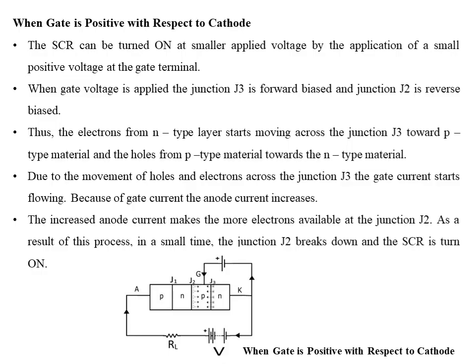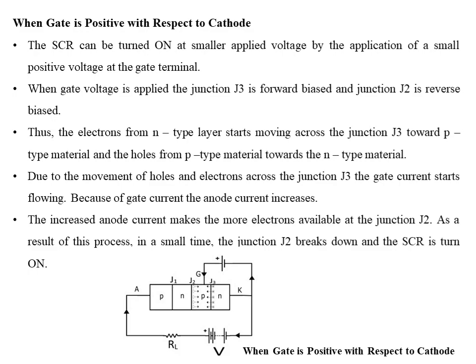When gate voltage is applied, the junction J3 is forward biased and junction J2 is reverse biased. Thus, the electrons from the N-type layer start moving across the junction J3 towards the P-type material and the holes from the P-type material move towards the N-type material.